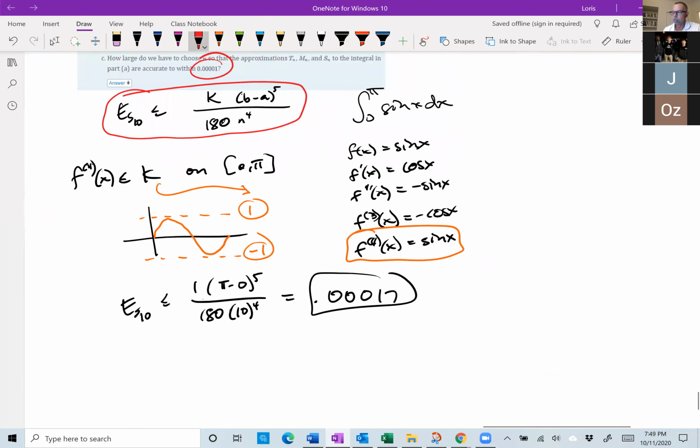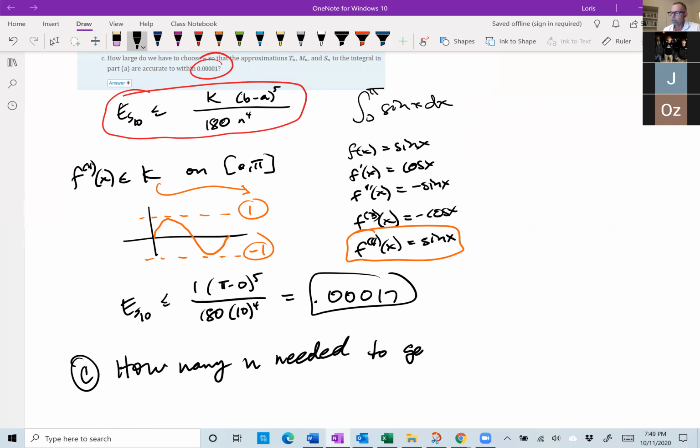So part C says how many n are needed to get the integral s of n within 0.00001. So then you put that in there.